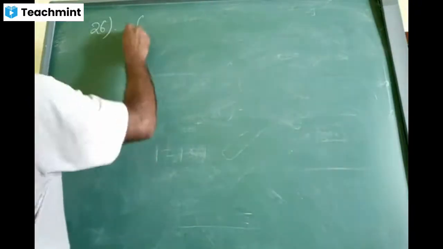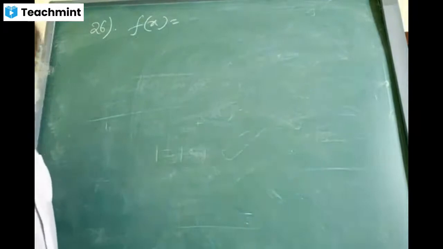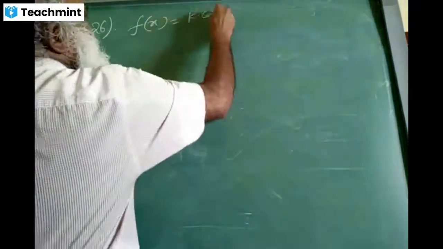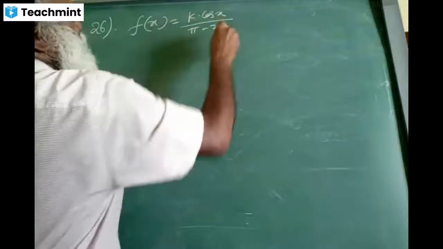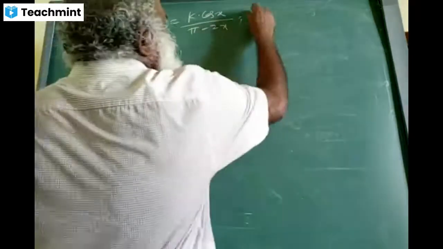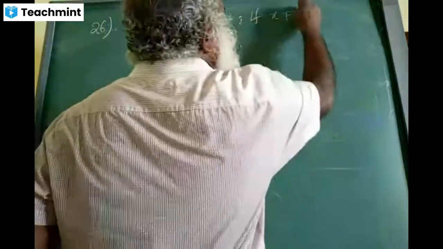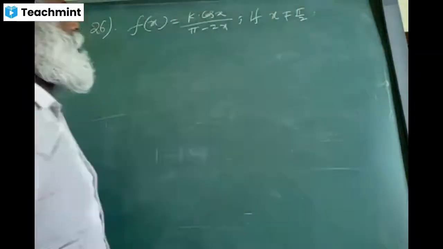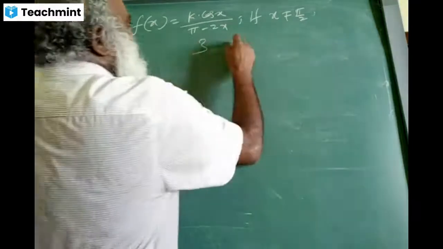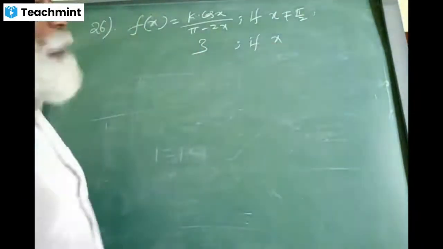The 26th one: f of x is k cos x by pi minus 2x if x is not equal to pi by 2, and 3 if x is equal to pi by 2.